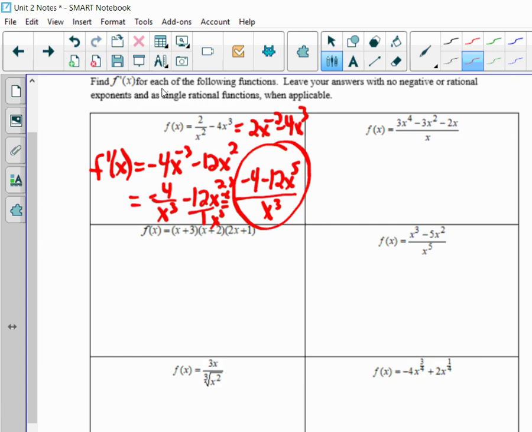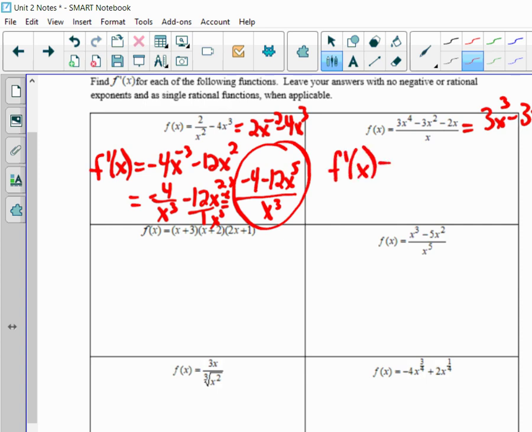But I really want you to practice the rules here, okay? Look at the second one. Again, I can't do division, but I can divide everything by x. So before I take the derivative, that's the same as saying 3x to the third minus 3x minus 2, because I just divided everything by x. Now, when I take the derivative, I need to show it's the derivative.